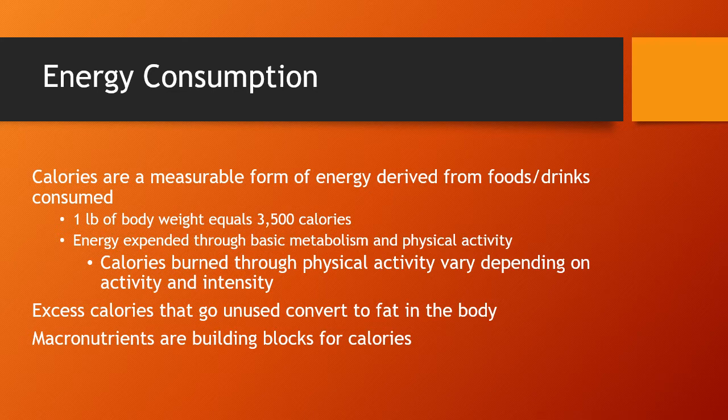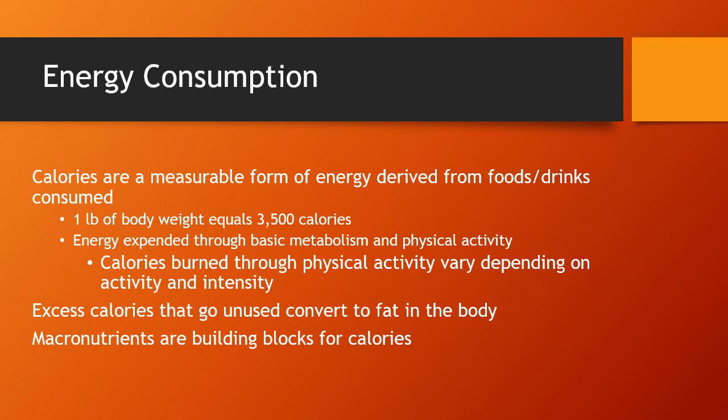And calories are a measurable form of energy that are derived from our different types of foods and drinks that we consume. Now, if we overconsume with this energy and we introduce it to the body, the fat tissue is going to accept it and actually enlarge due to the overconsumption. And again, this is where we start putting on that excess fat tissue, that excess adipose tissue.